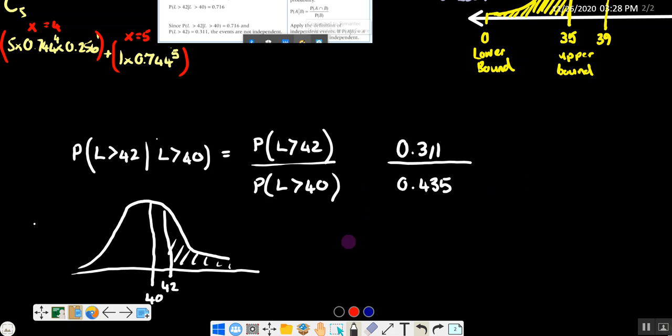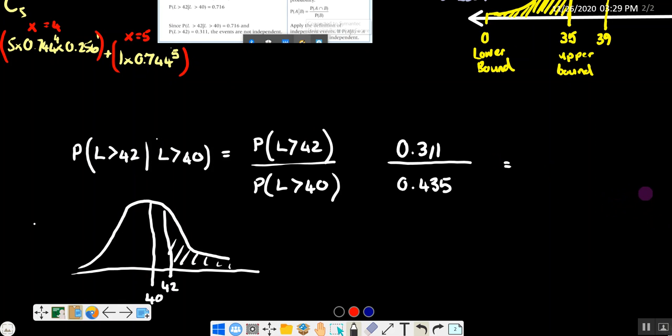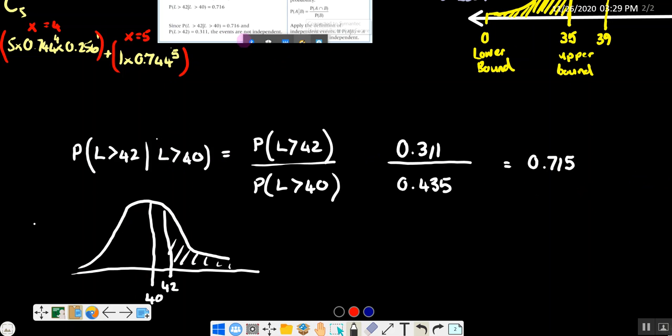And then if we do that calculation, 0.311 divided by 0.435, we get 0.71. Well, I got 0.715, yeah? Why is there 0.716?